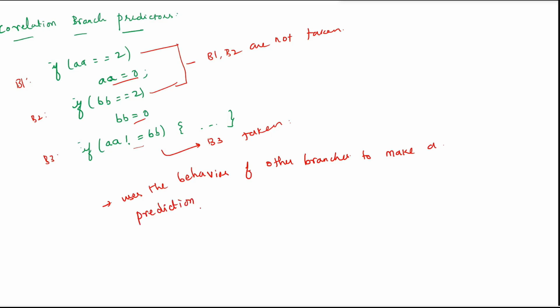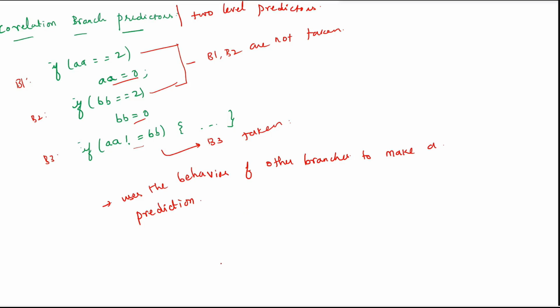Just as an example I said this, but when you go with correlation branch prediction, it always uses the behavior of other branches to make predictions. We can call it a correlation branch predictor, or a two-level branch predictor.